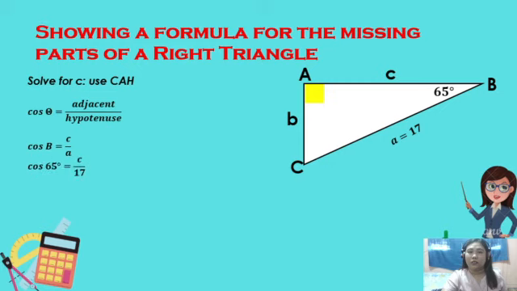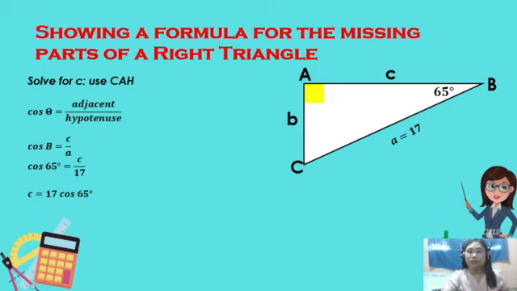So, cosine 65 degrees is equal to C over A, which is 17. To solve for side C, we need to cross multiply. So, C is equal to 17 cosine 65 degrees, or 17 times cosine 65 degrees. Now we can solve for the measure of side C.